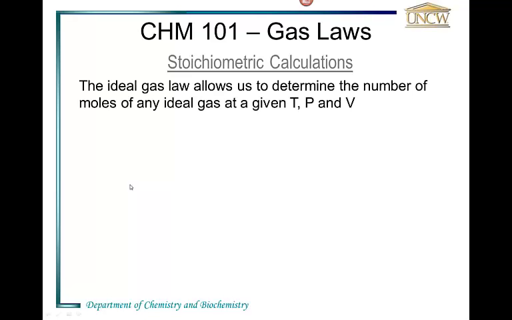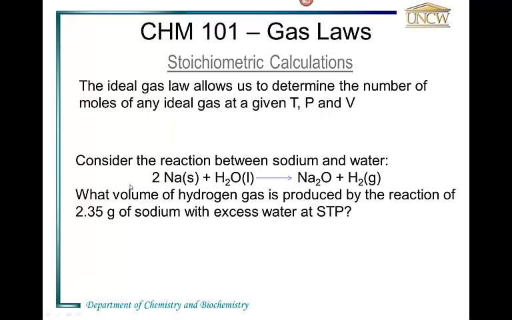All right, so what we're going to do then is use that to do a stoichiometric calculation. So we might ask, if we have the reaction of sodium with water to form sodium oxide and hydrogen, what volume of hydrogen would be produced by the reaction of 2.35 grams of sodium with excess water at STP?